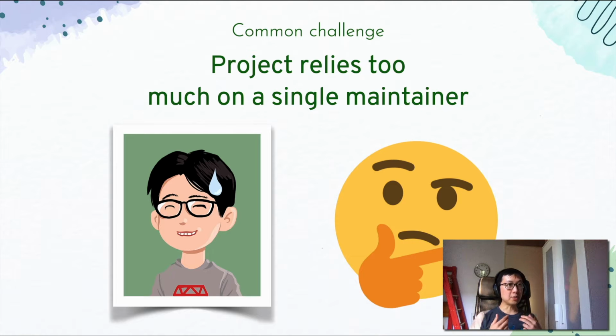If I look at my past open source projects, then one of the challenges they face is that they rely too much on myself, not only in terms of time, but also in terms of expertise. For an open source project to be healthy and sustainable, it must not rely on a single person.